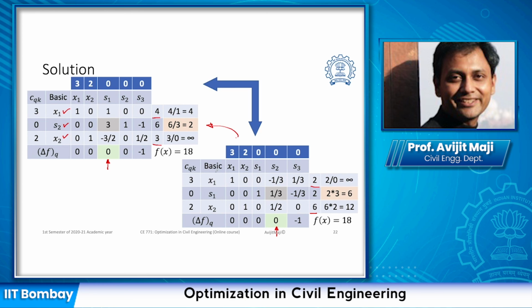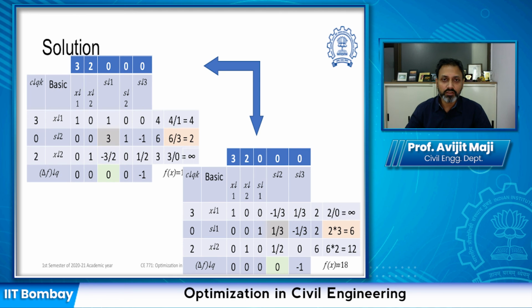Like the way I have shown you here, you can try to solve the other problems for the unbounded objective function or no feasible solution, and see on your own how the tableau is behaving and what solution you are obtaining. So in today's lecture, we saw how to deal with the equality constraint, and also we learned a new method, the big M method, which can be used to solve linear programming problems wherever there is a requirement of an artificial variable.